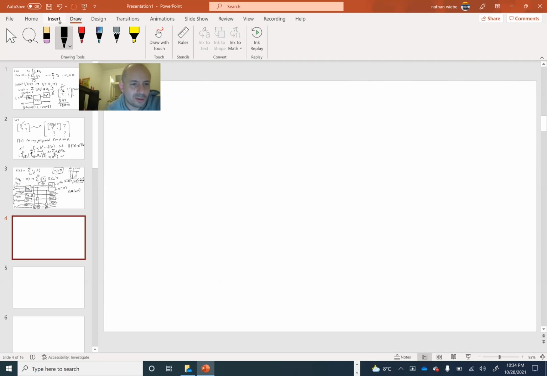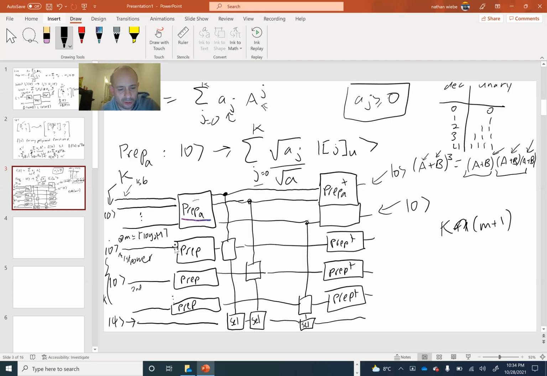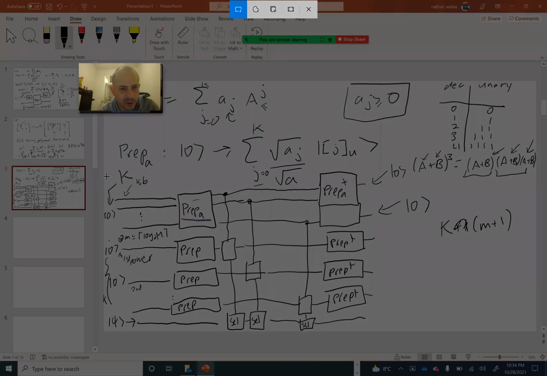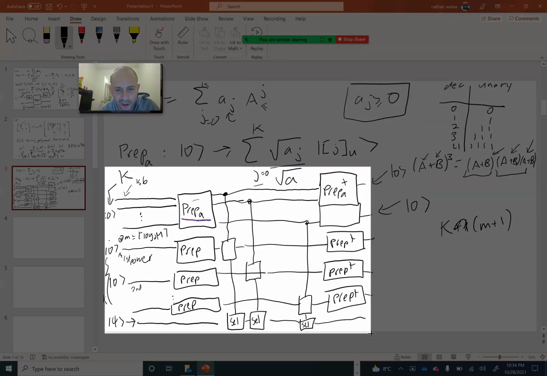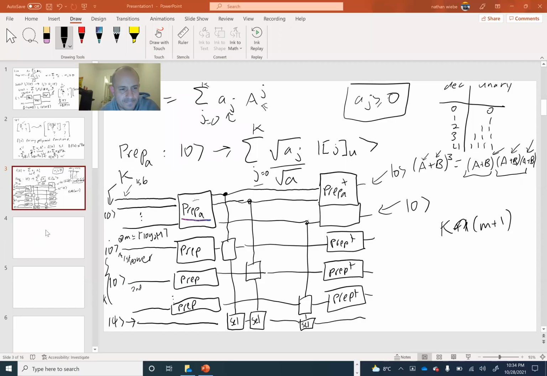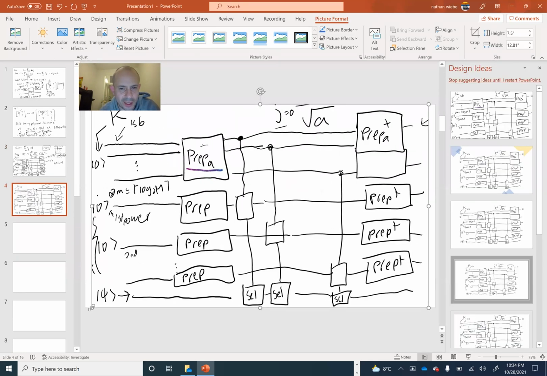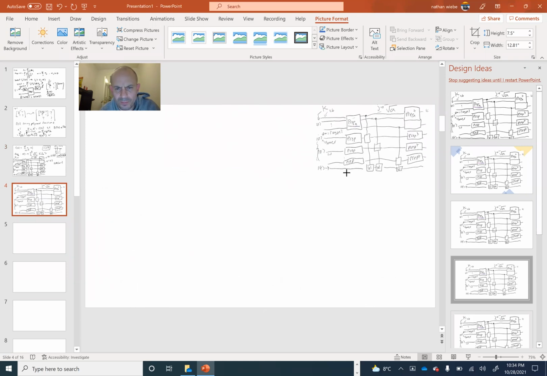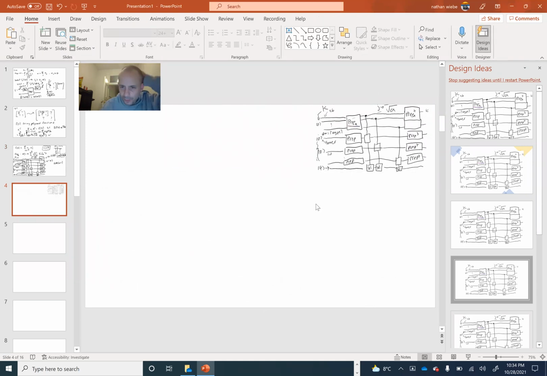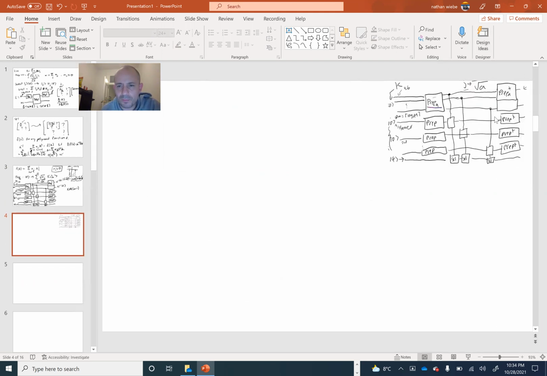So the circuit, let me just copy and paste this guy, just so that I've got a visual aid while I'm going through it. Okay. So we've got this particular circuit.